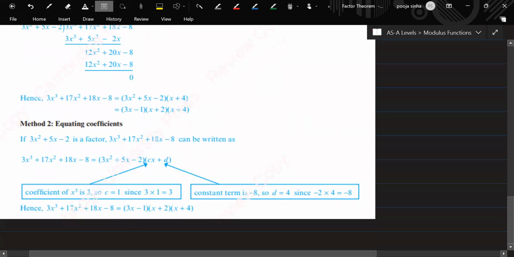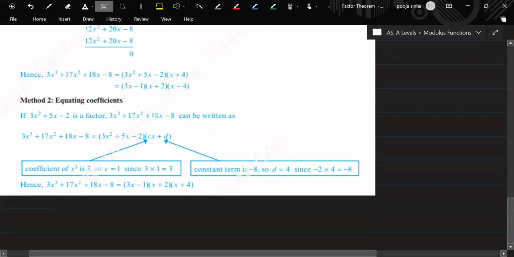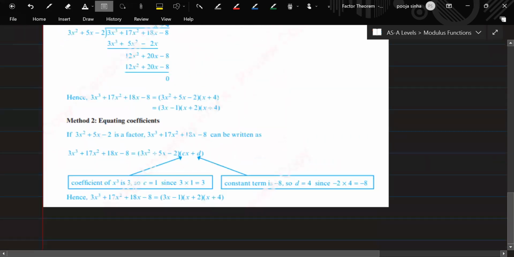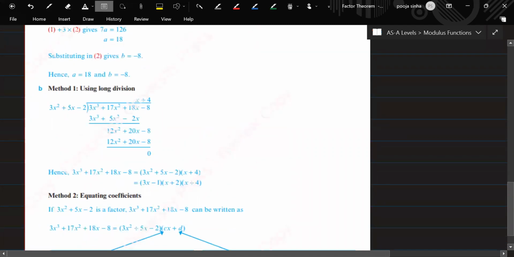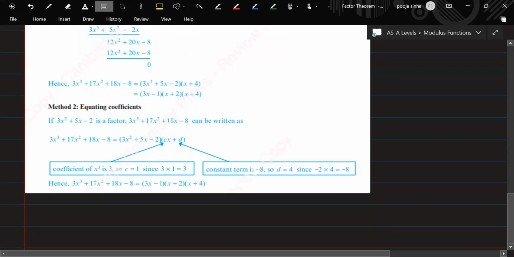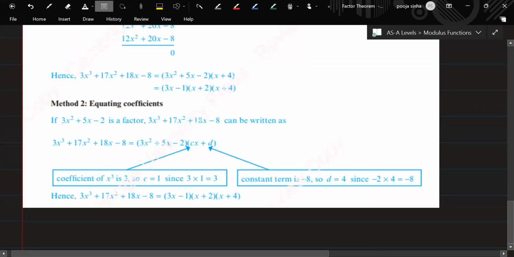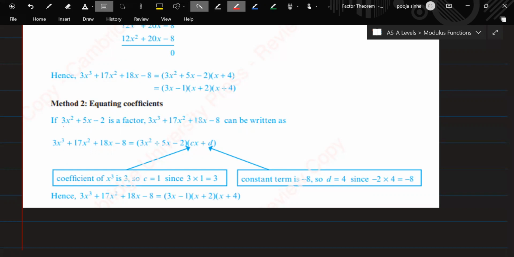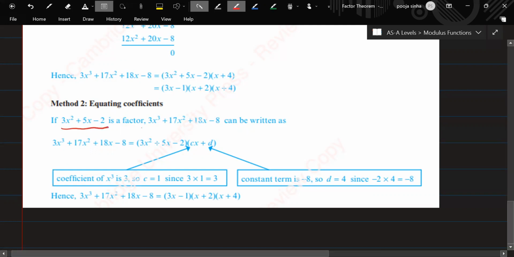Another method is a little new for you. Sometimes this long division method becomes a little difficult; if you make one small mistake, it becomes wrong. So this one would be a slightly easier method. Now here, understand correctly. Here, 3x square plus 5x minus 2 is a factor. It's given.